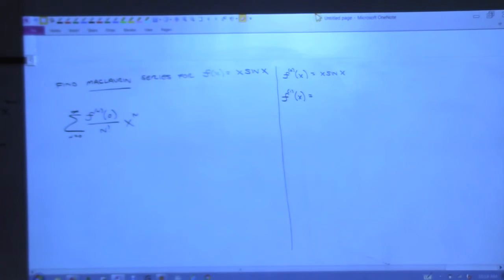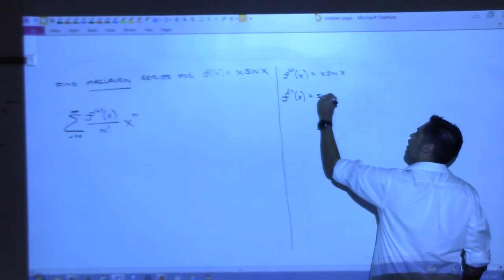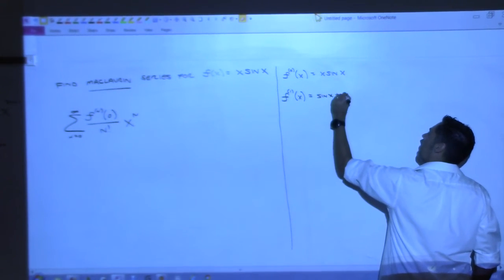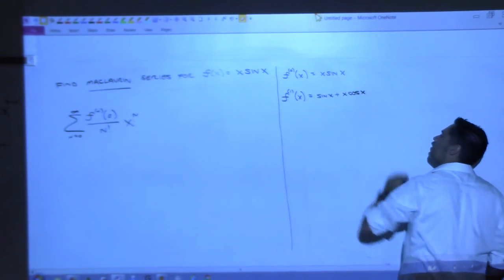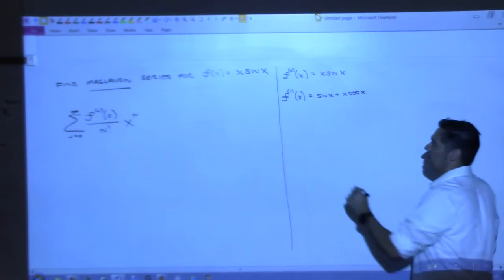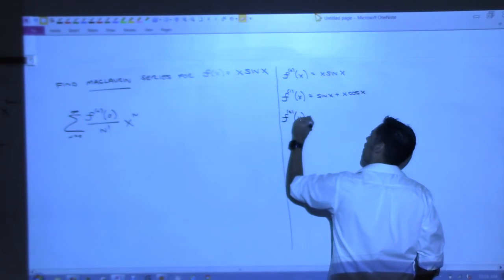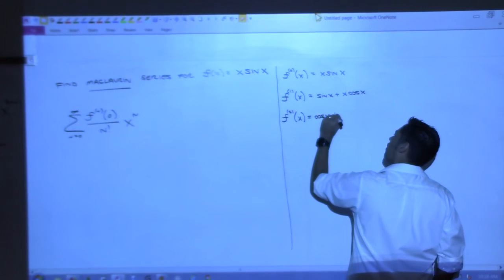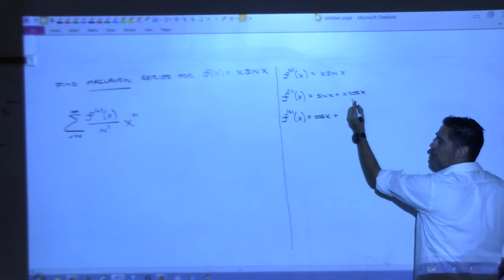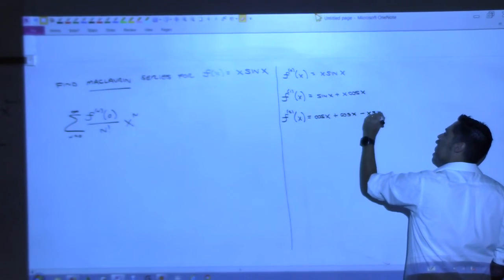So when I do a product rule on that, I get sine x plus x cosine x. What is the second derivative? Cosine x plus another product rule: cosine x minus x sine x.